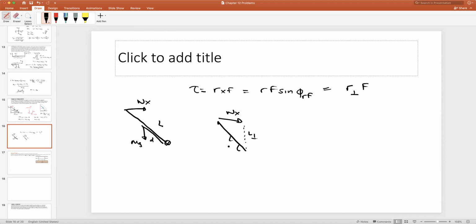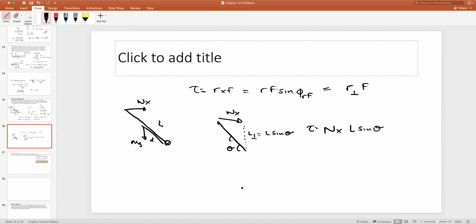If I call this angle some theta, then this L perpendicular is going to be L sine theta. So this torque is going to be nx L sine theta.